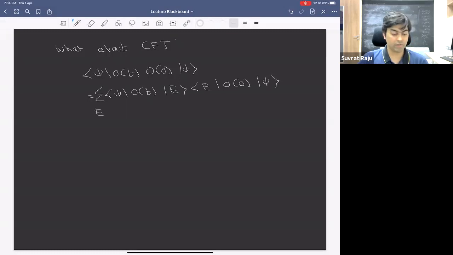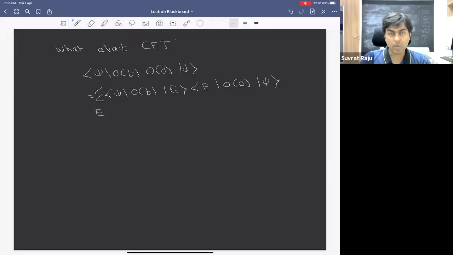So I've inserted a set of energy eigenstates in the middle. And now that I've inserted this set of energy eigenstates, I can ask, what is the typical magnitude of this contribution that I get?